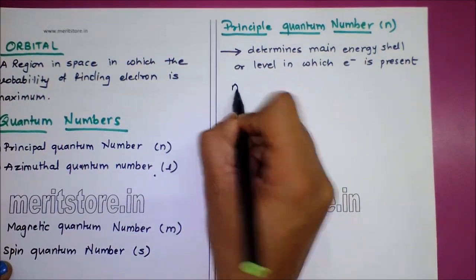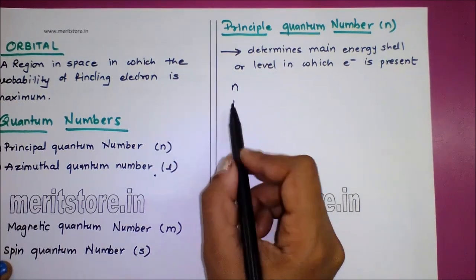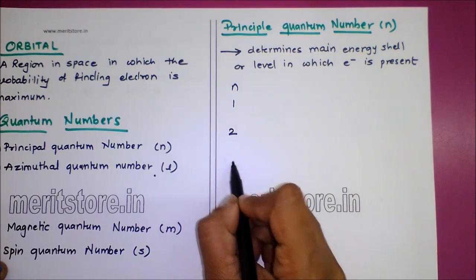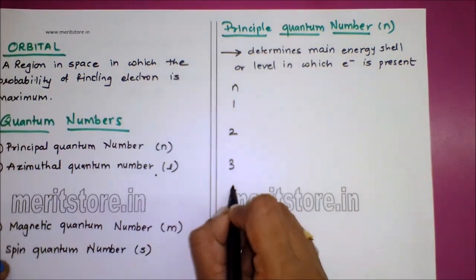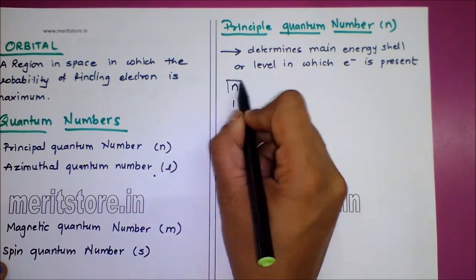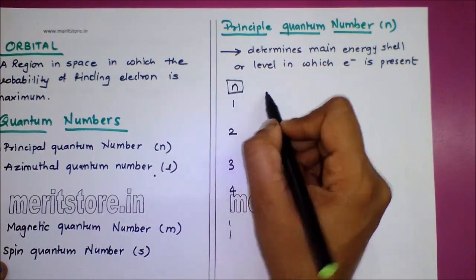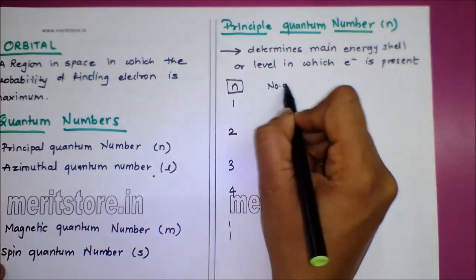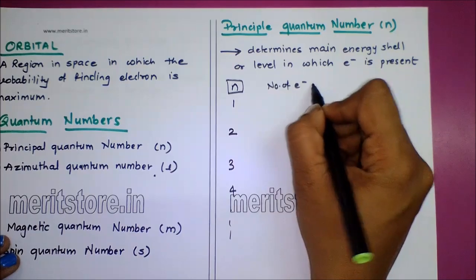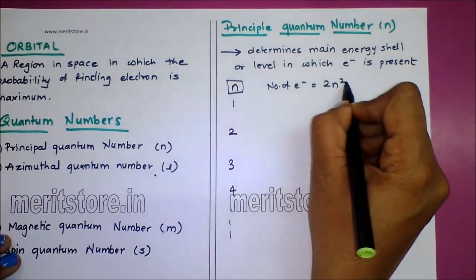So if I say n is equal to 1, the electron is present in the first shell. If it is 2, it is present in the second shell. If it is 3, present in the third shell, 4, like that onwards. This also gives us idea about the number of electrons, because the number of electrons in each shell will be equal to 2n square.